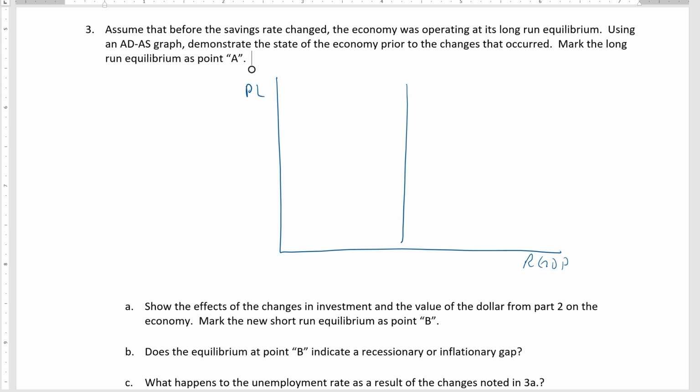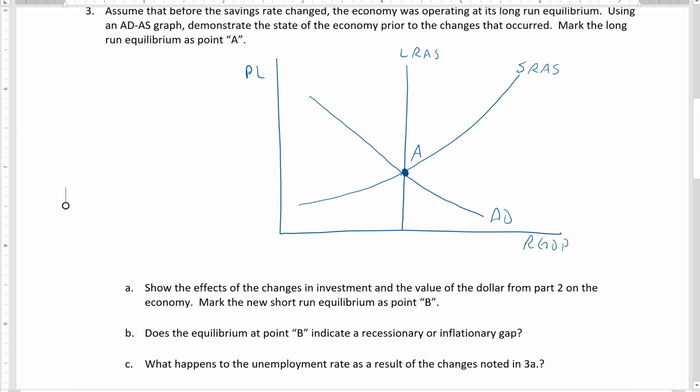I'm going to put my long-run aggregate supply curve because that's our indication of full employment output. And I've got my short-run aggregate supply curve, and I got my aggregate demand curve, and all three curves intersect at the same point, and we'll call that point A.